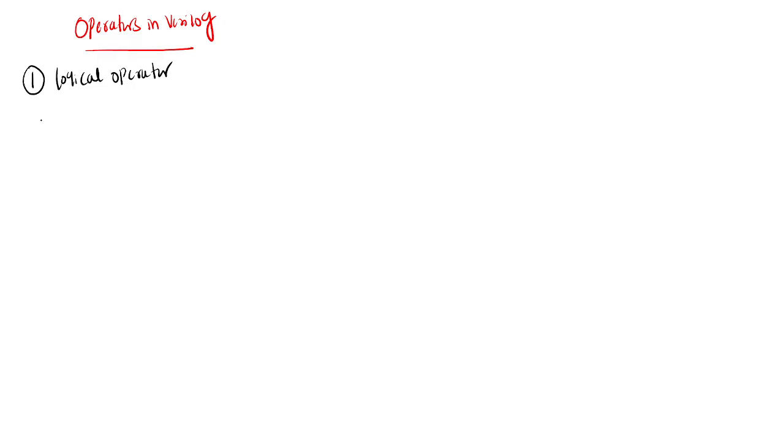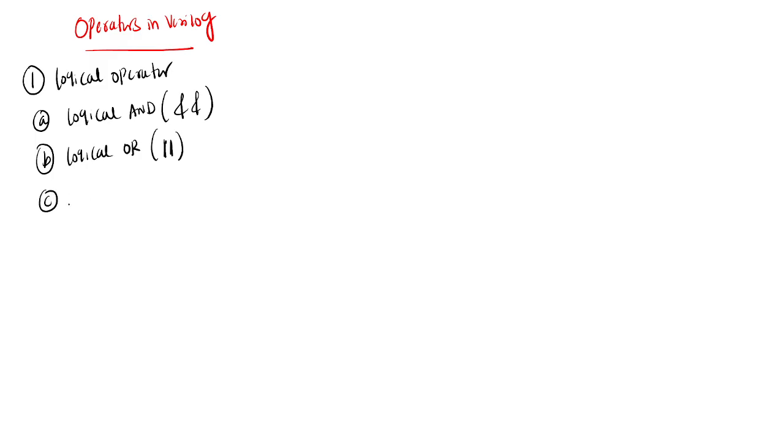In this logical operator, you have logical AND, and the symbol is double ampersand, and logical OR, which is two slashes like this, and next you have logical NOT, and this is its symbol.